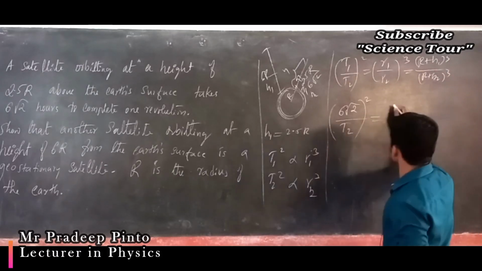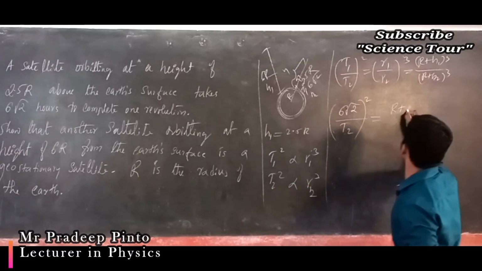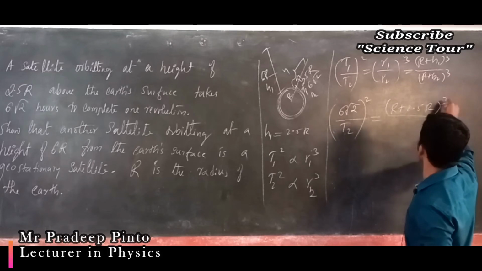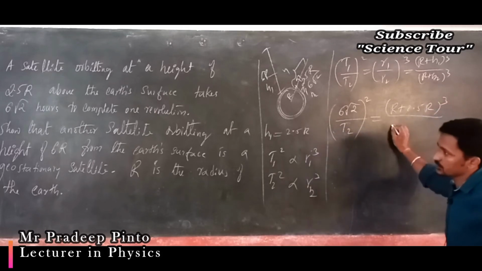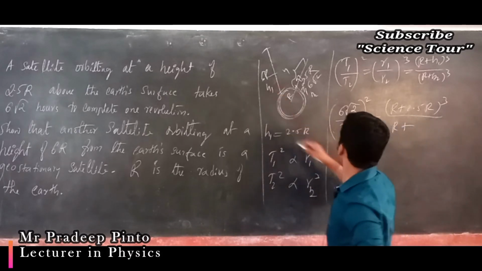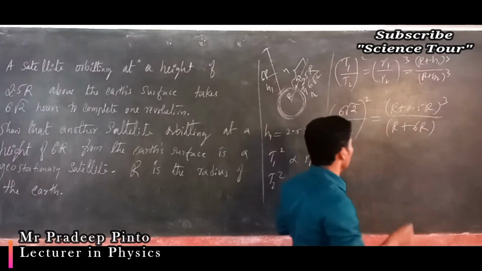Now R plus H1 is 2.5 R, so 2.5 R divided by, whole cube. R2 is nothing but how much? That is R plus 6R, which is equal to, you are going to cube.